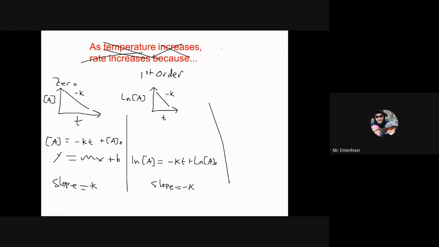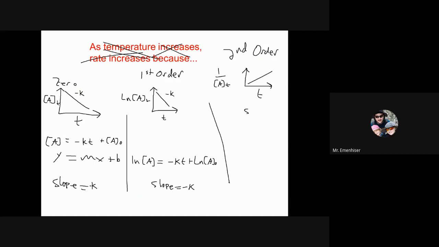Now when we do the third graph, the second order reaction, we have to take the reciprocal of the concentration. These are all A at T. So when we take 1 over the concentration of A, or the reciprocal of the concentration over time, then we get a straight line, and it's positive.